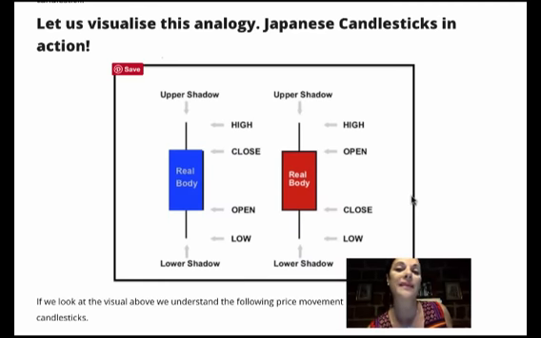A Westerner by the name of Steve Nison discovered this somewhere in the 60s and wrote a lot about it in the 70s, and I think that today this is one of the principles of the way people look at charts and record what is happening with the prices on charts, all with these Japanese candlesticks.